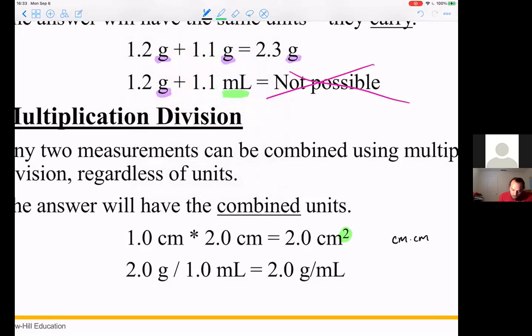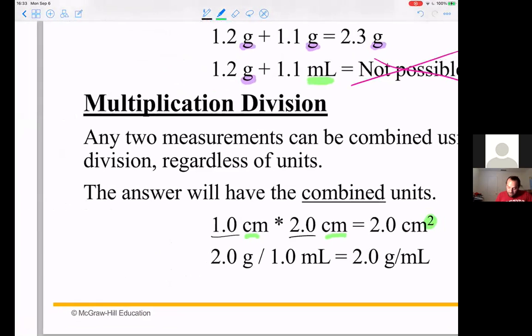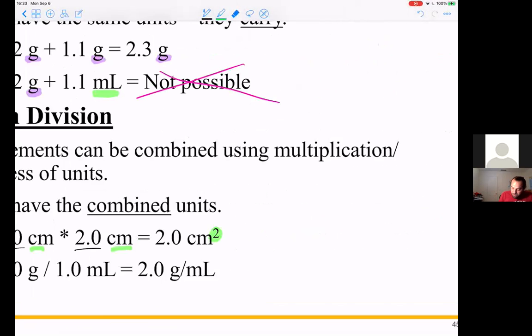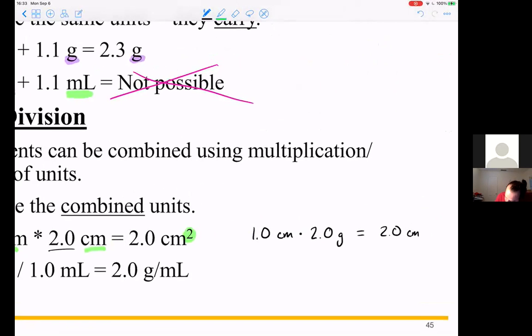So just like I multiplied my 1 and my 2, I'm also multiplying the centimeter times the centimeter. And this could be with any units. So 1.0 centimeters times 2.0 grams would give me 2 centimeters times grams.